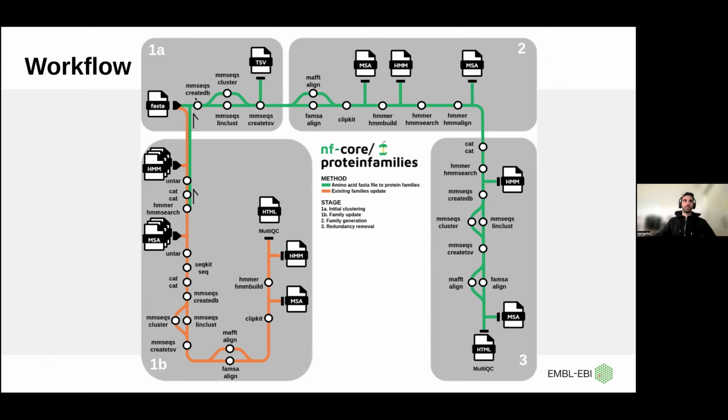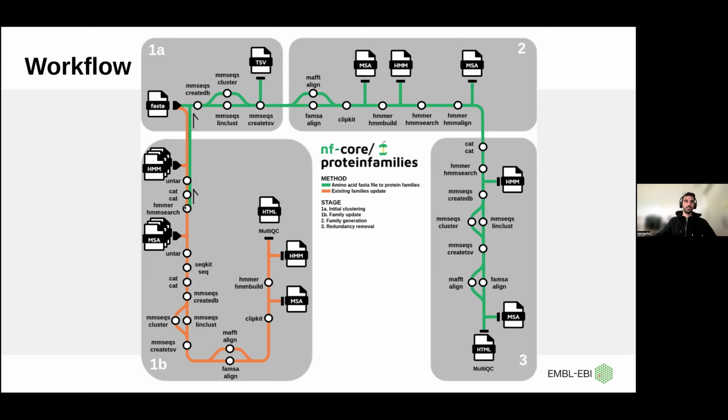There is a complementary mode called update existing families. If the user provides extra HMM files and MSA files from previous runs with the family models and alignments, the FASTA file that we provide to the pipeline is checked with an HMM search again against the existing families.